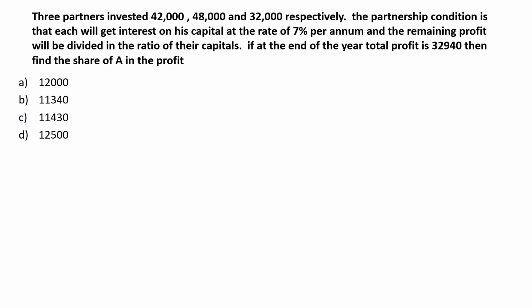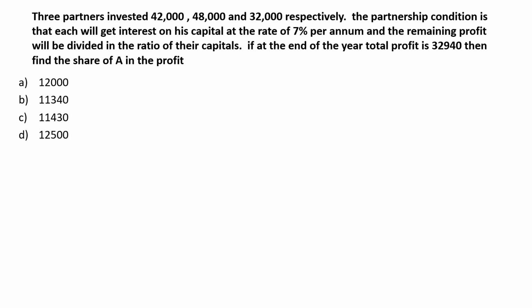Next one. Three partners invested 42,000, 48,000 and 32,000 respectively. The partnership condition is that each will get interest on his capital at the rate of 7% per annum, and the remaining profit will be divided in the ratio of their capitals. If at the end of the year the total profit is 32940, then find the share of A in the profit. Very good question again.